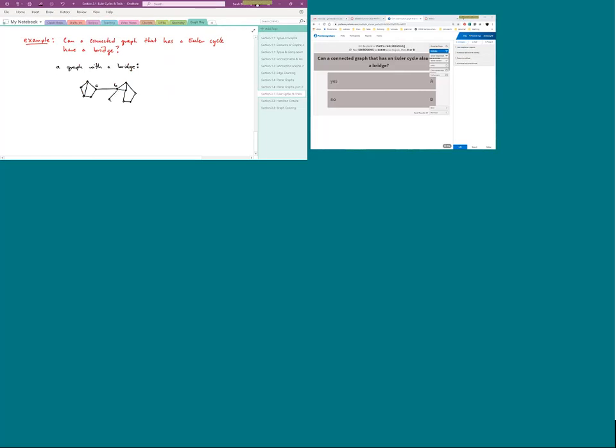Mainly because I don't normally make crazy examples. So the bridge is the edge AB. And I'm not saying that's an awesome example, especially not for trying to have an Euler cycle. But it does show you where the bridge is. The bridge is the AB edge.